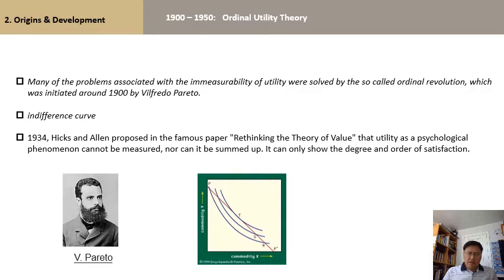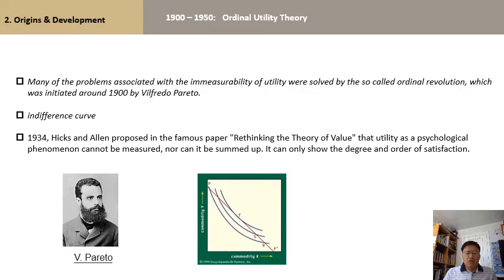In the third phase, known as ordinal utility theory, many of the problems associated with the immeasurability of utility were solved by the so-called ordinal revolution, which was initiated around 1900 by Pareto, and the most famous tool is called the indifference curve.